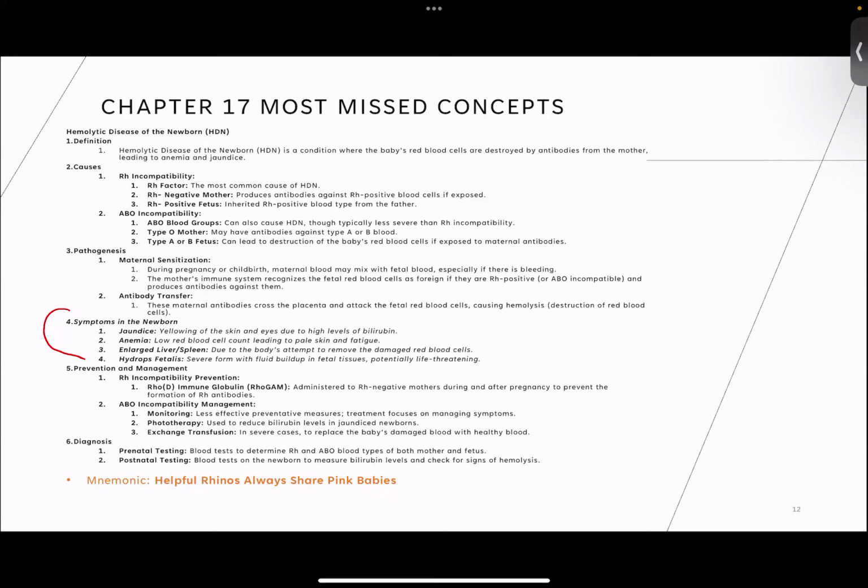So jaundice, anemia, loss of red blood cells because we're attacking them through the complement pathway, enlargement of the liver and the spleen due to dealing with the toxic components of the hemoglobin and the damaged red blood cells.